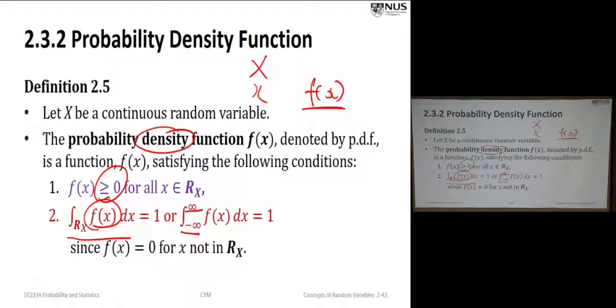Okay, so what's the difference between these two? You can think of it like this.